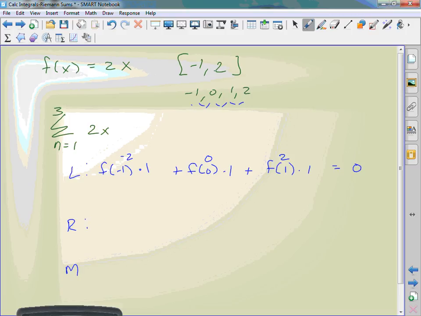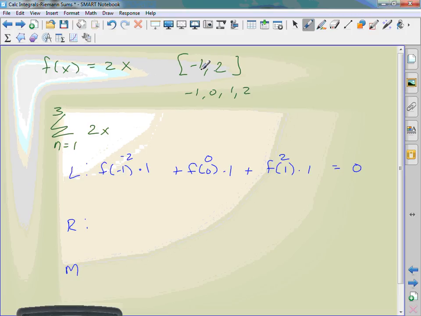For the right sums, if you want to do the right ones from the right, that's fine also. If you want to work backwards, you can, and just miss out the first one.